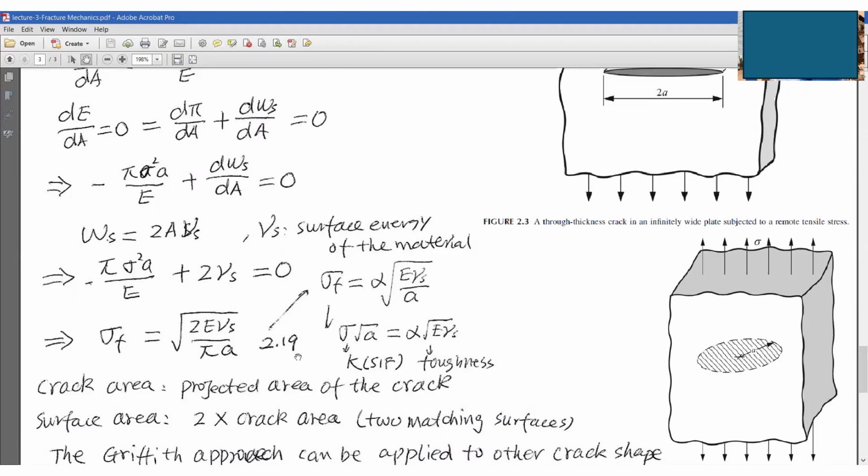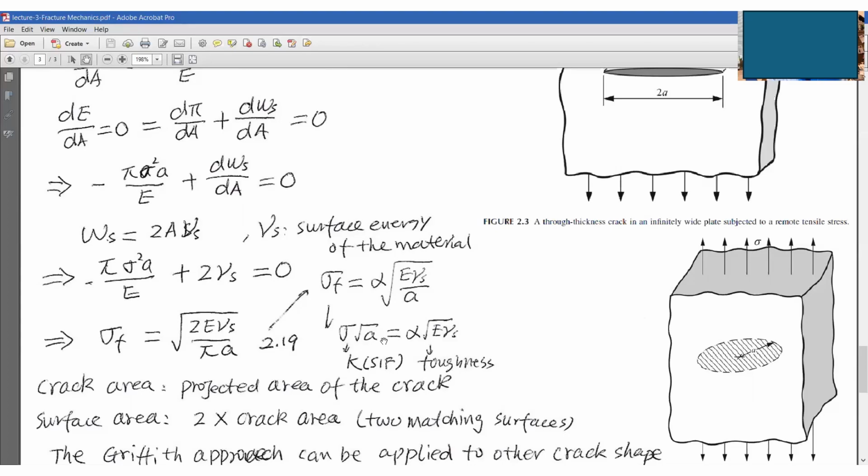Any questions so far? And so we can write this sigma F as alpha square root of E gamma S over A, okay? And we can see very clearly that we can just rearrange this equation a little bit and put this square root A on the left-hand side: sigma F multiplied by square root A equals alpha square root E gamma S. And E gamma S is the toughness of the material, right?